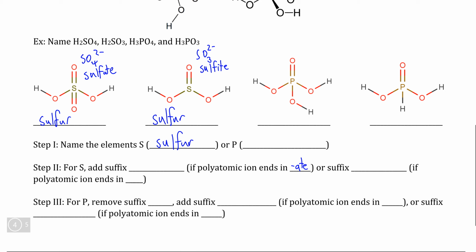Now, when we are dealing with a polyatomic ion that has sulfur in it, we consider once again whether our polyatomic ion ends in -ate or whether it ends in -ite, and apply the same rule as above.